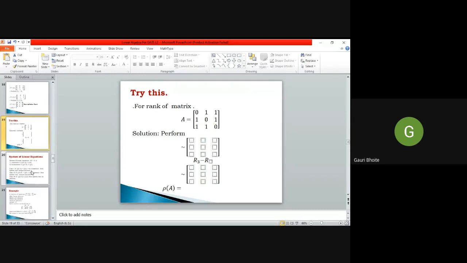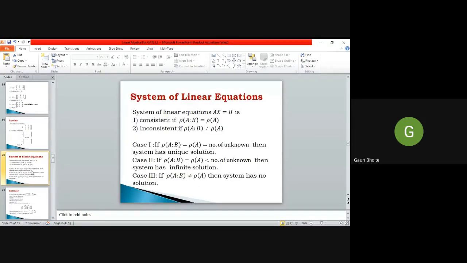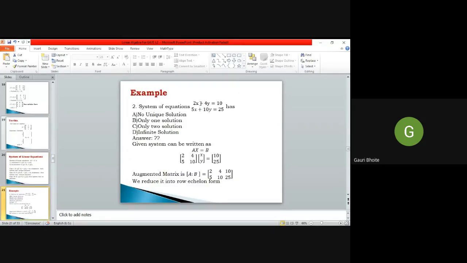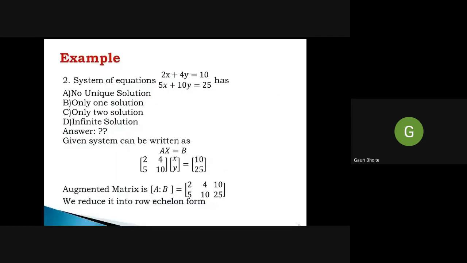Now we come to systems of linear equations. Every system of linear equations can be written in the matrix form Ax equals B, where A is the coefficient matrix, X is the matrix of unknowns, and B is the RHS matrix. Let us see: here it is 2x plus 4y is equal to 10, and 5x plus 10y is equal to 25.